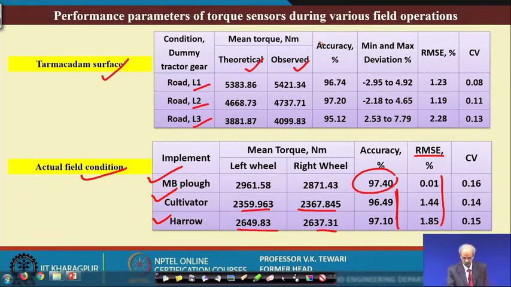You can see the difference between theoretical and observed values. The accuracy is 96%, the coefficient of variation is 0.08. So, you can find here that even for the tar macadam road, when we compare the theoretical and observed torque, which we have observed in the actual condition, the torque values can be very well measured and very well estimated using this device, which has been developed at IIT Kharagpur.